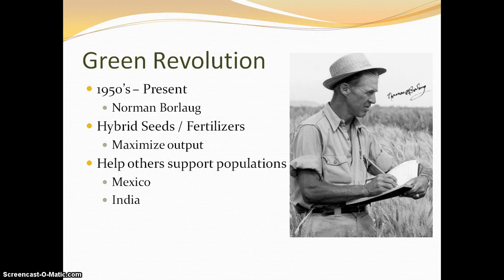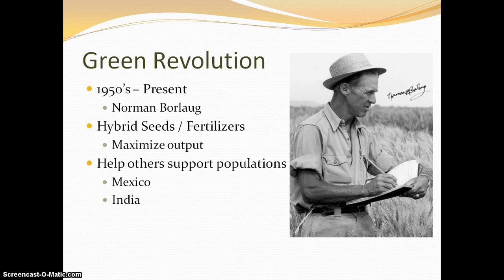We began seeing growing populations in less developed parts of the world, and those who are concerned with growing world populations are concerned about stress on the environment and people's ability to feed themselves. So the idea here was that some of these countries could be self-sufficient and provide for themselves. So the focus of the Green Revolution is the development of hybrid seed varieties, and also the development of new types of fertilizers.